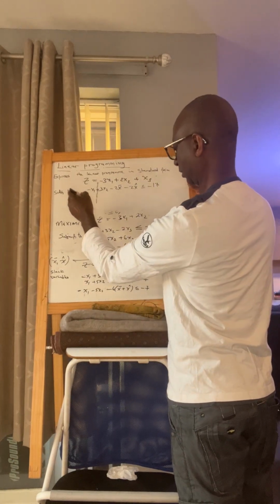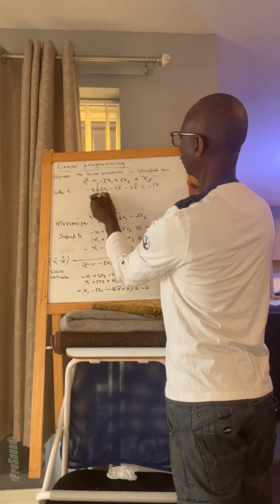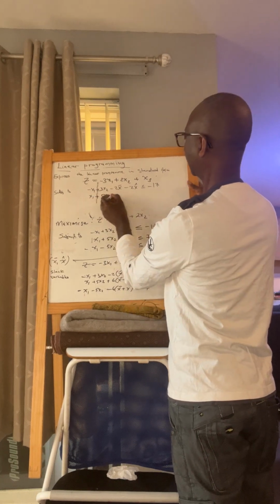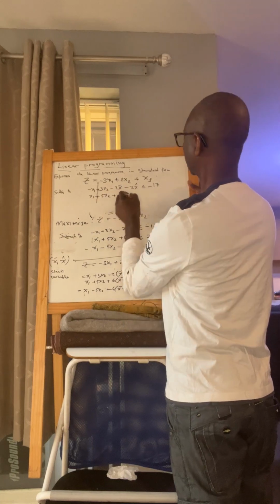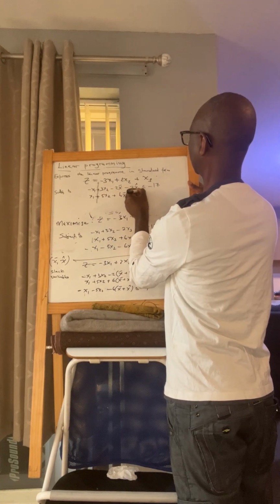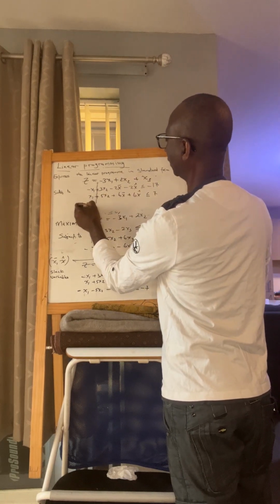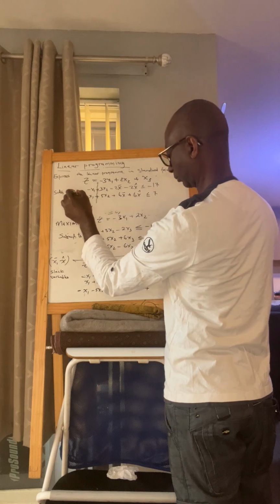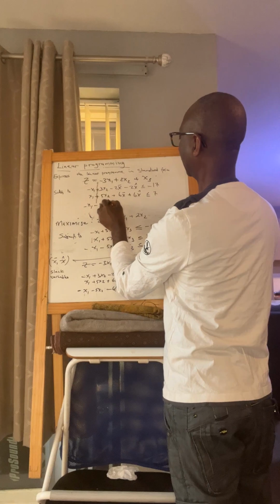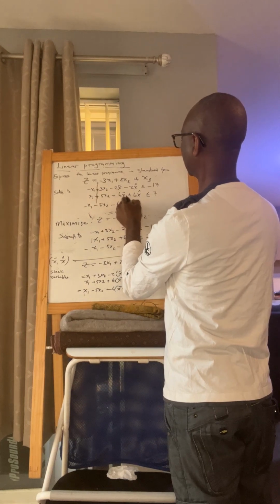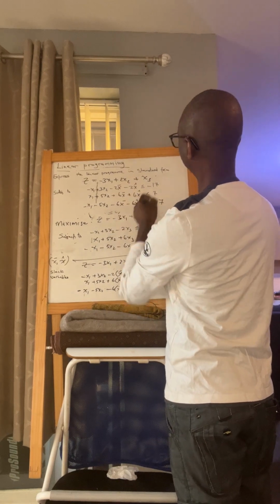Then I have x1 plus 5x2 plus 6x bar plus 6x hat less than or equal to 7. Again, minus x1 minus 5x2 minus 6x bar minus 6x hat less than or equal to minus 7.